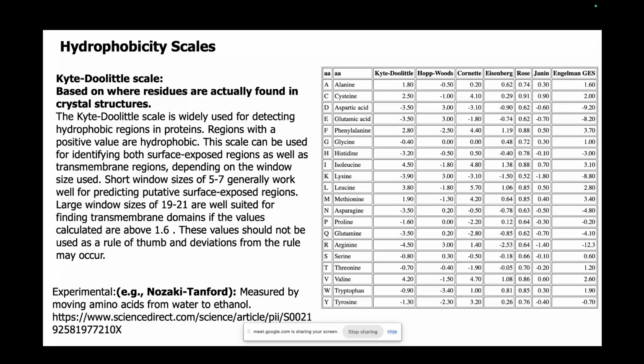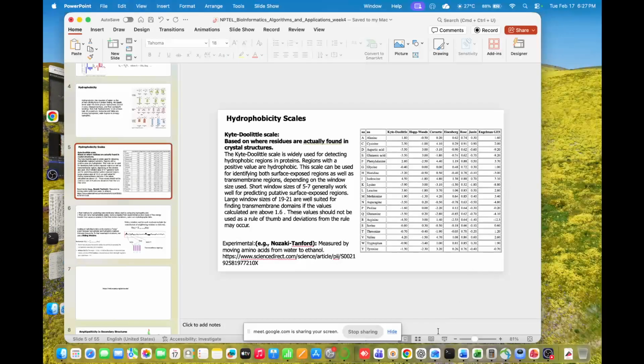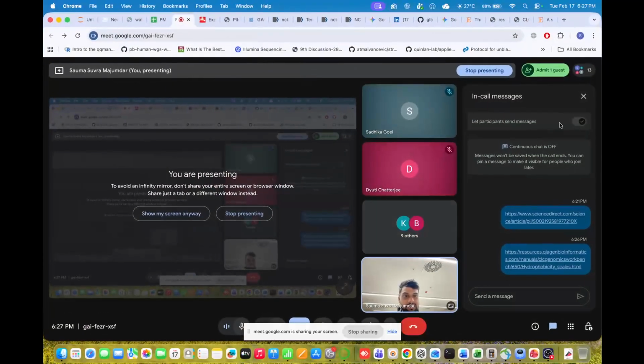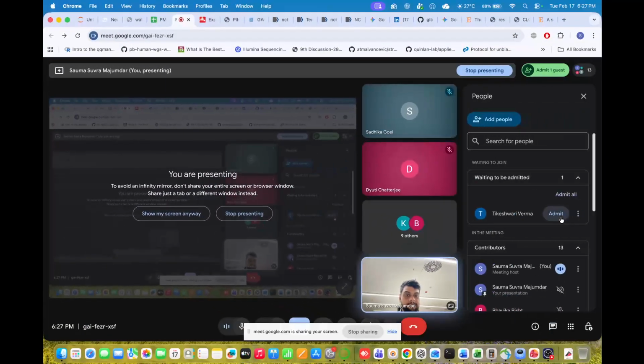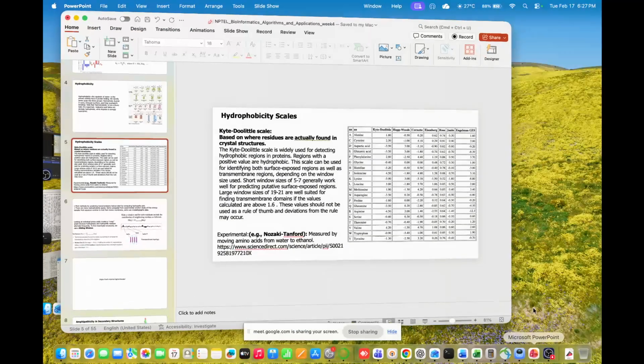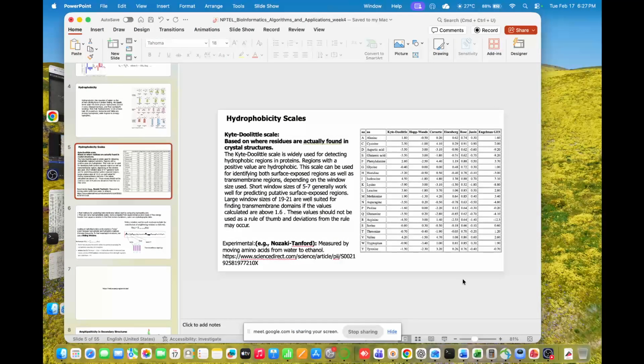But again, the residues responsible for the hydrophobic nature of the protein and present inside the fold are not a single amino acid, they are a set of amino acid residues depending on what type of protein it is. If it's a transmembrane protein, you'll have a lot higher number. If it is a normal protein, you might be okay with a little less number of hydrophobic amino acids in the fold.